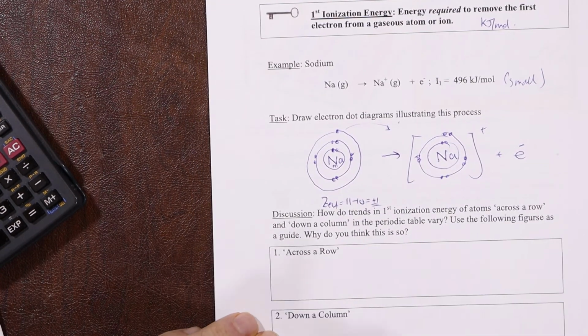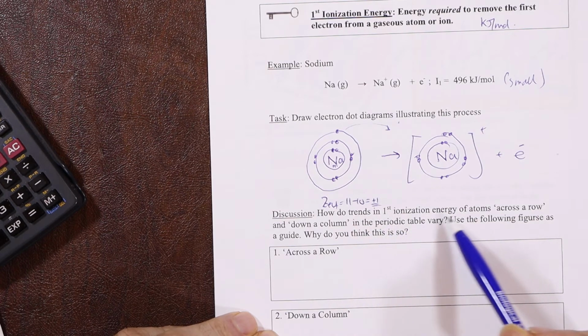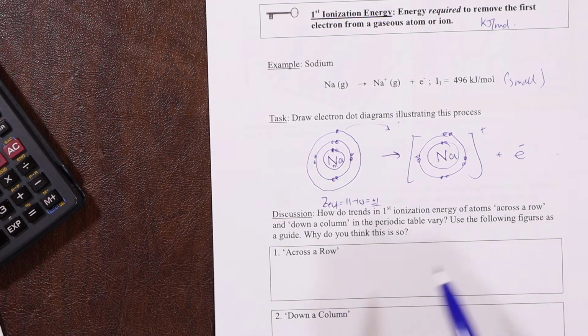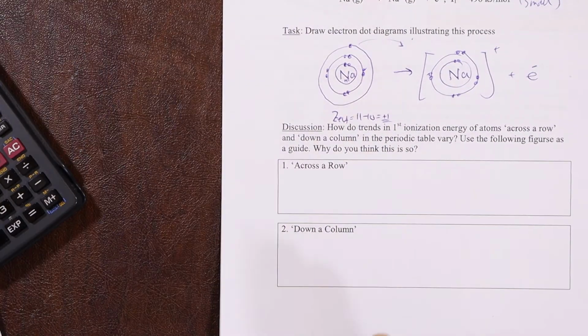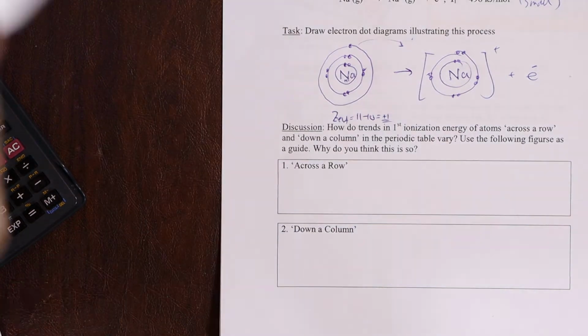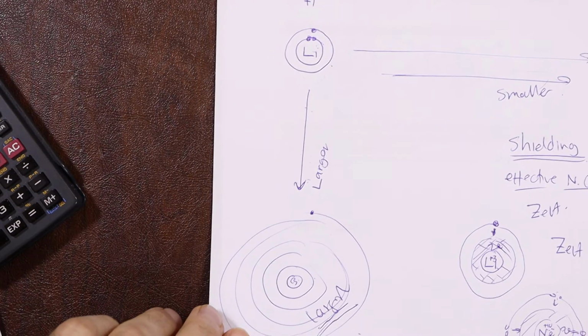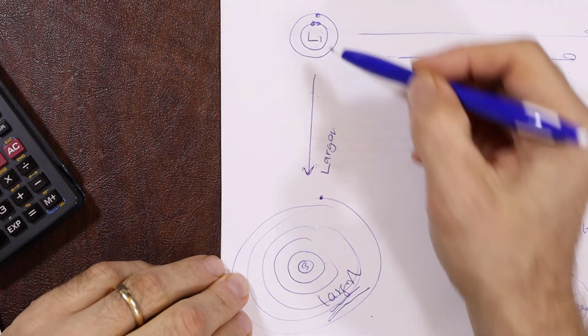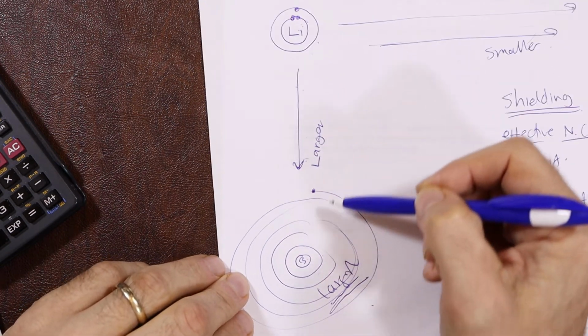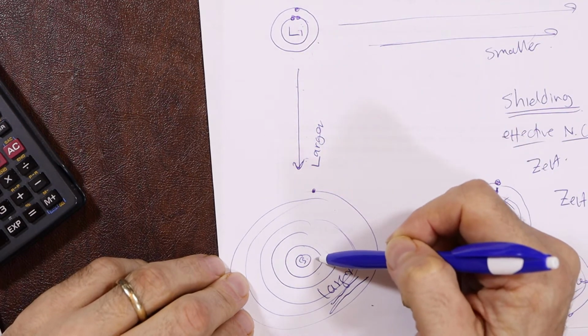So the question: how do first ionization trends vary across a row and down a column? We combine the sideways and the up and down, and we get the diagonal. As I go down a column, everything in column 1 has the same effective nuclear charge.